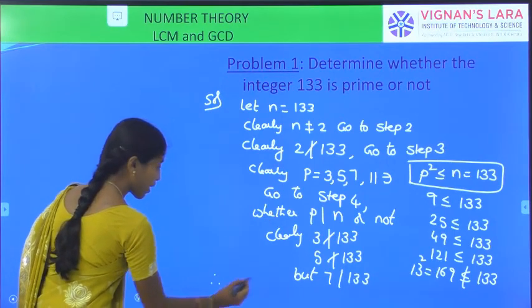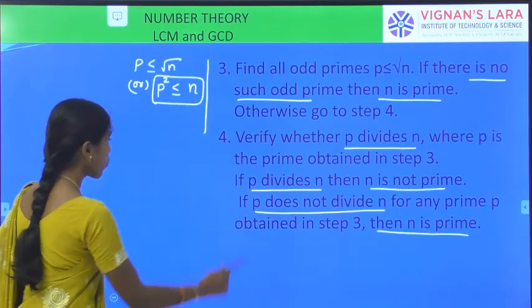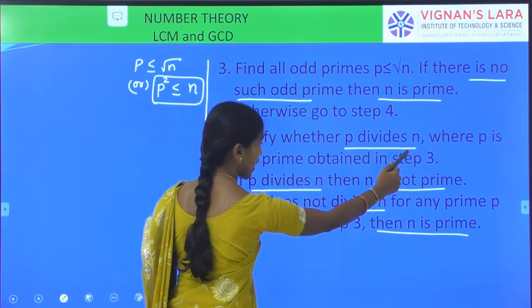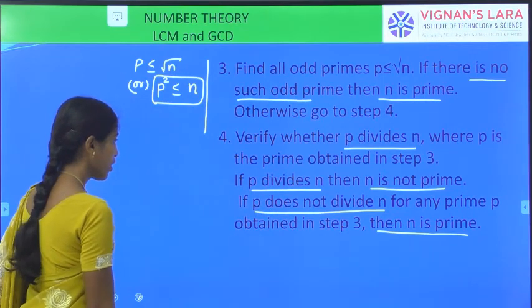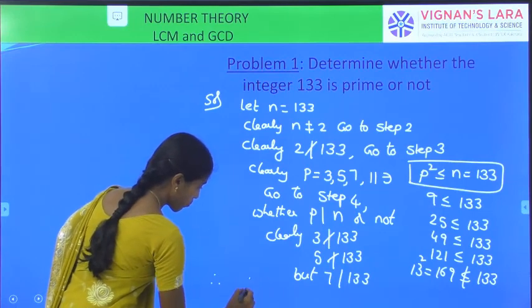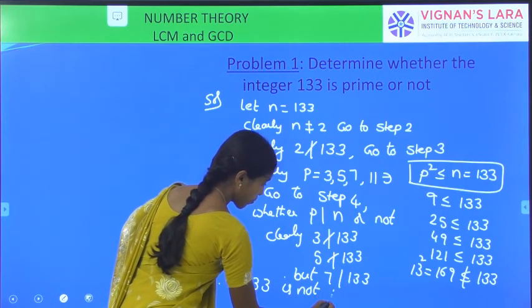Therefore, because such a prime number exists, using the condition of step 4, if any prime number p exists which divides n, then n is not a prime number. So, therefore, 133 is not a prime number.